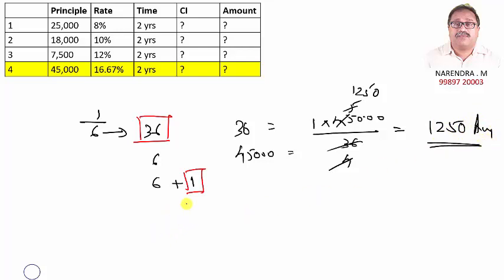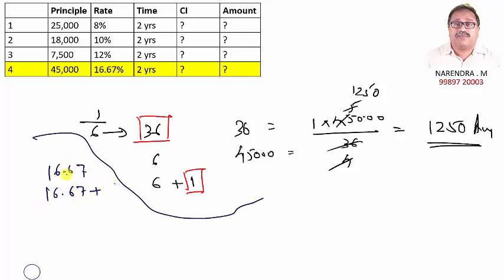But my friends, if I have to work with the percentage, let's check with the percentage part. That is 16.67% first year, second year 16.67% plus 16.67% of 16.67%. It was very easy to calculate 10%, and 10% plus 10% of 10% is 1.